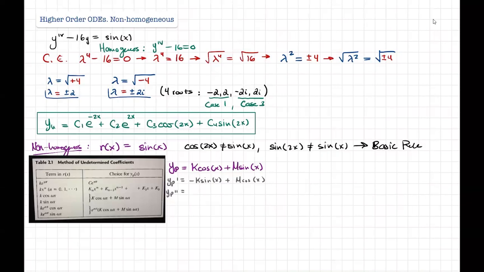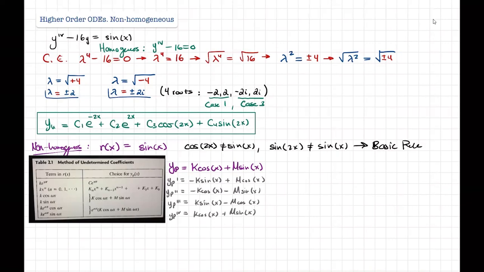Okay, YP double prime, then we get negative K cosine of x minus M sine of x. YP triple prime, we get K sine of x minus M cosine of x, and then YP to the fourth, we get K cosine of x plus M sine of x.